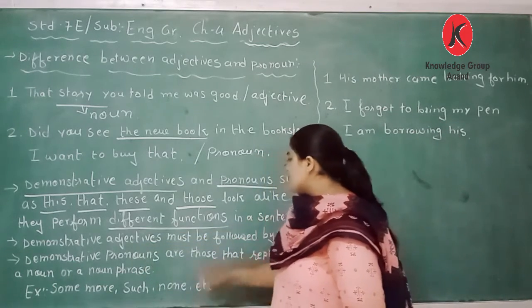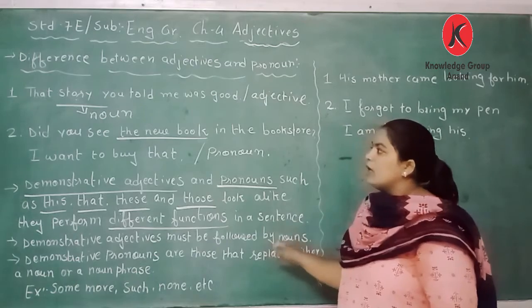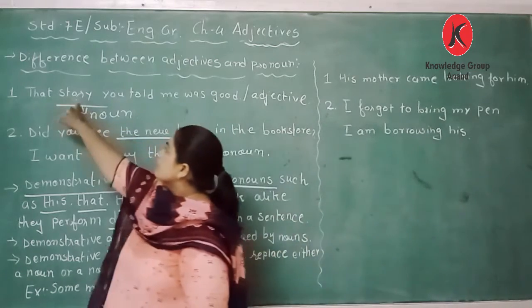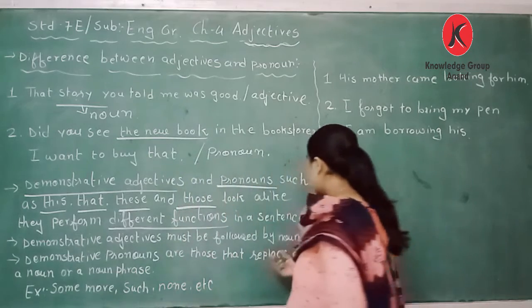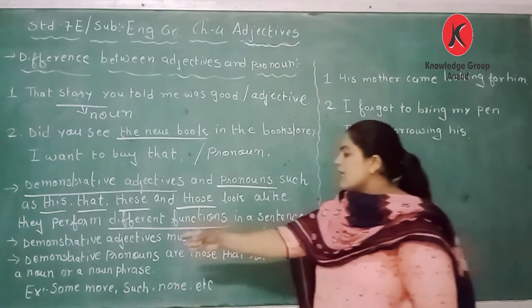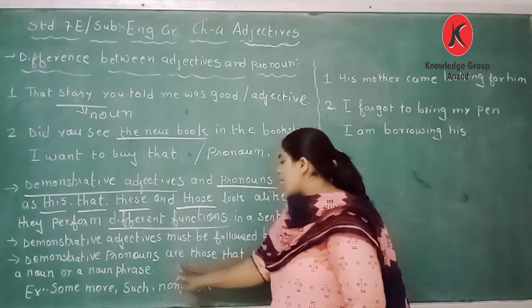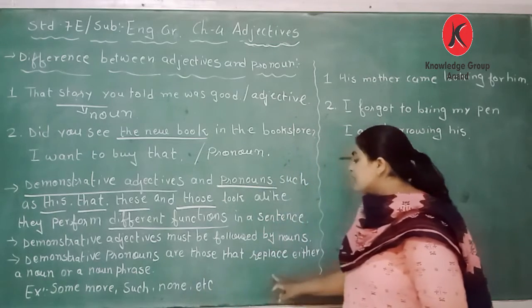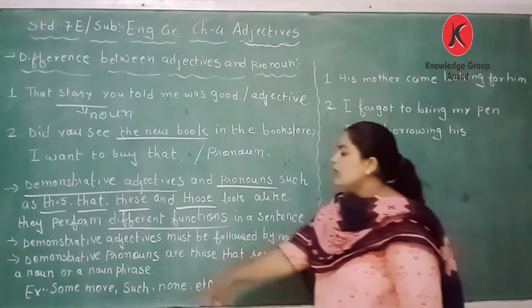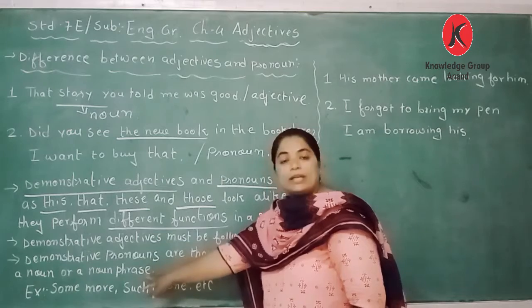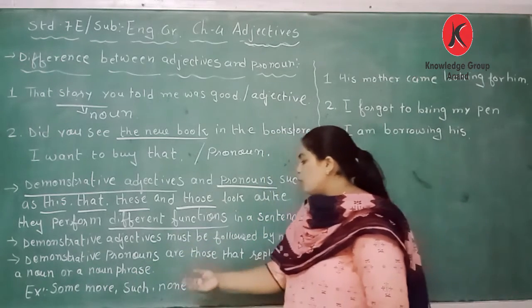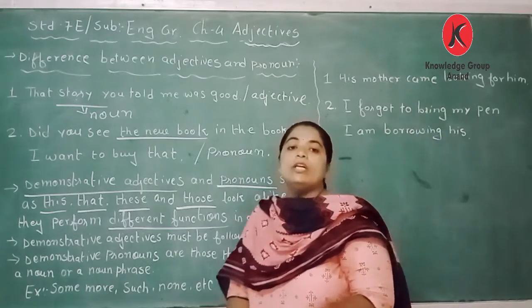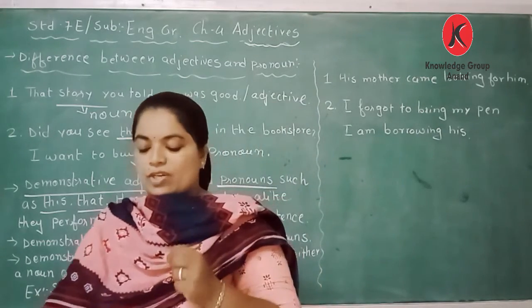Demonstrative adjectives must be followed by a noun, and demonstrative pronouns are those that replace either a noun or a noun phrase, for example some, more, such, none, and so on.